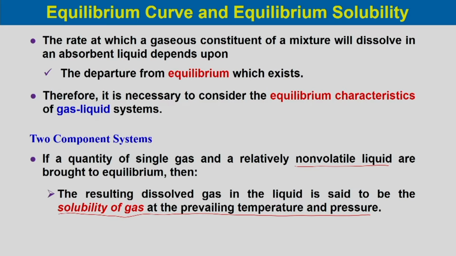Once the solute gas and the non-volatile liquid solvent come in contact, kept in an enclosure at a particular temperature and pressure, and they reach equilibrium, the amount of gas which will be dissolved in the liquid phase is called the solubility of that gas.